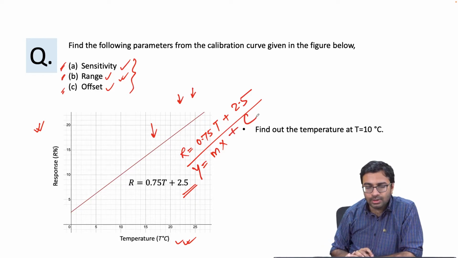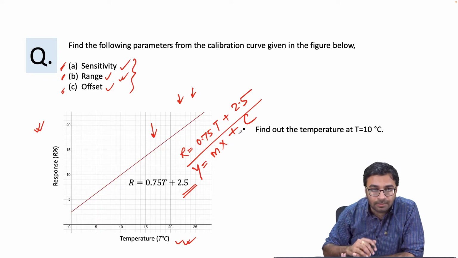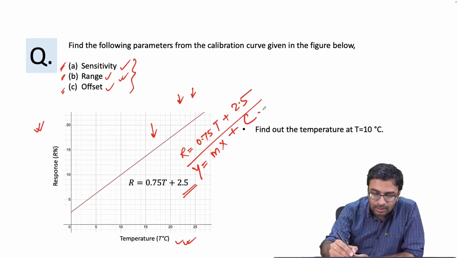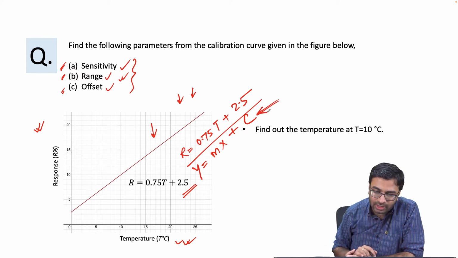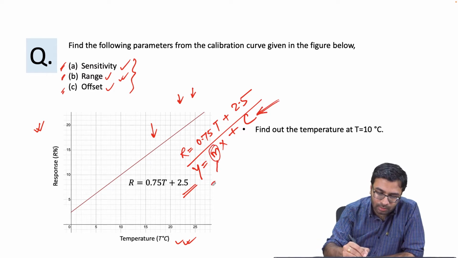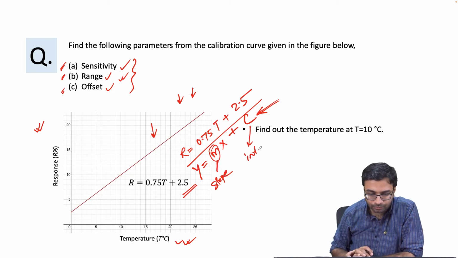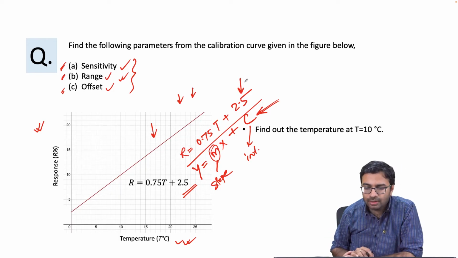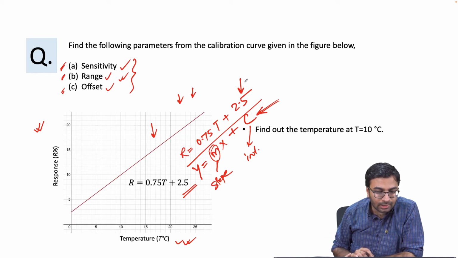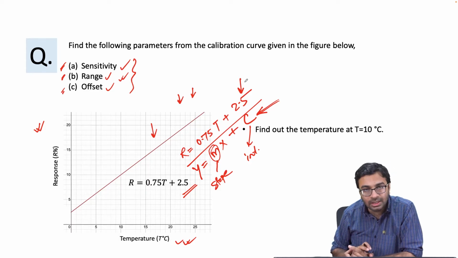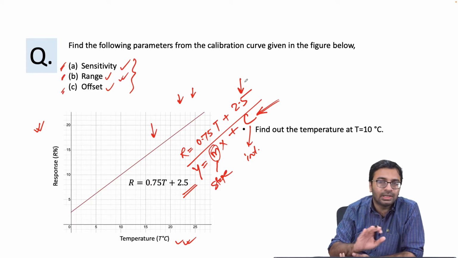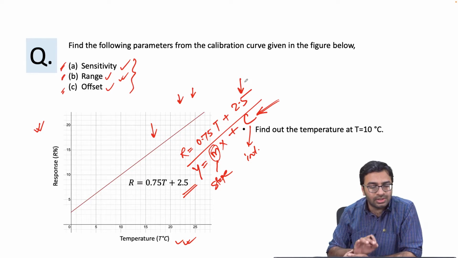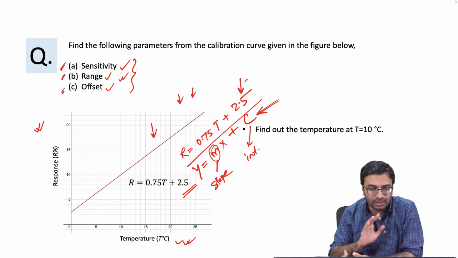Why? Because it follows the equation y equal to mx plus c. This is the generalized equation for a straight line, where m is the slope and c is the intercept. So you can consider that the response of the sensor is linear in nature. It's not a non-linear response, it's a perfectly linear response.